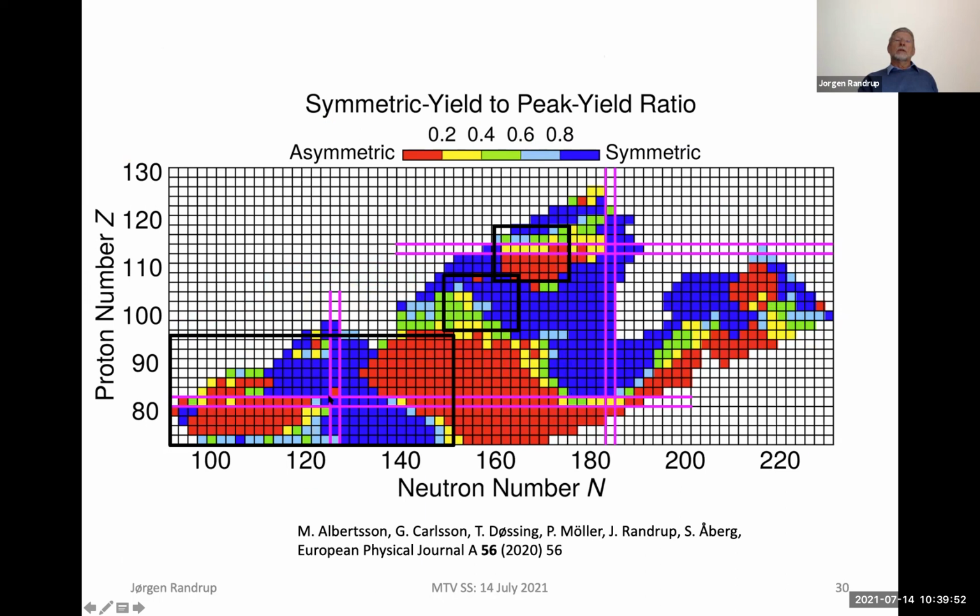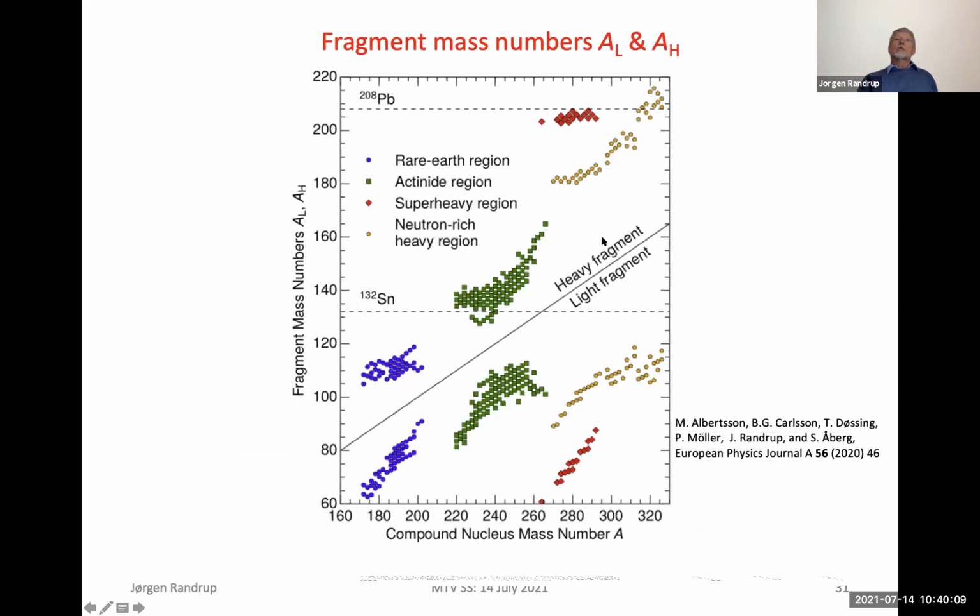And obviously this invites a lot of experimental work to check out whether fission is symmetric or asymmetric. And this in turn tells us a lot about the nuclear structure. So this is potentially powerful information. I just want to show one little thing here about the splits, four different regions.